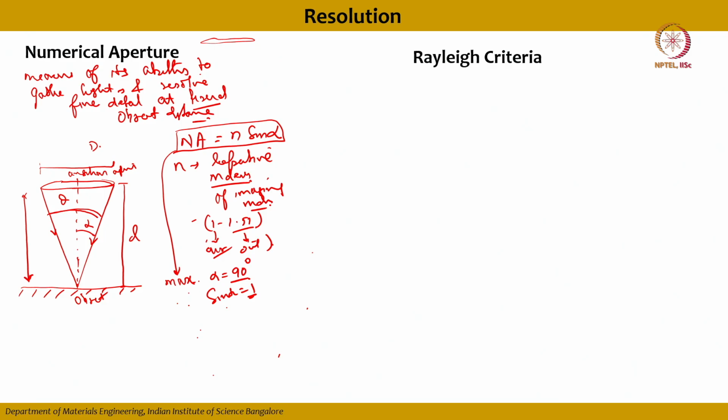So for example, if you have an object here at the same place, you can see that at each condition your angular aperture increases, correct? So this is your angular aperture, and this is your object.